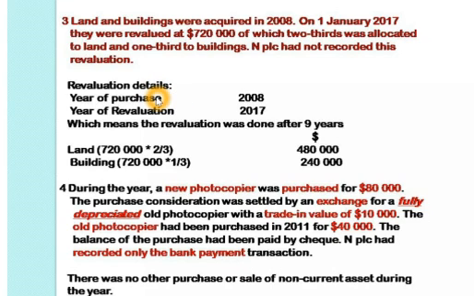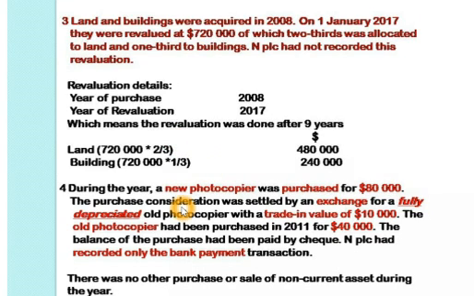So if you see this revaluation, the year of revaluation is 2017 and the year of purchase was 2008. So this means that the revaluation has been done after 9 years, and it is stated that 2/3 was allocated to land and 1/3 to building. So we are going to allocate 2/3 to land and 1/3 to building.